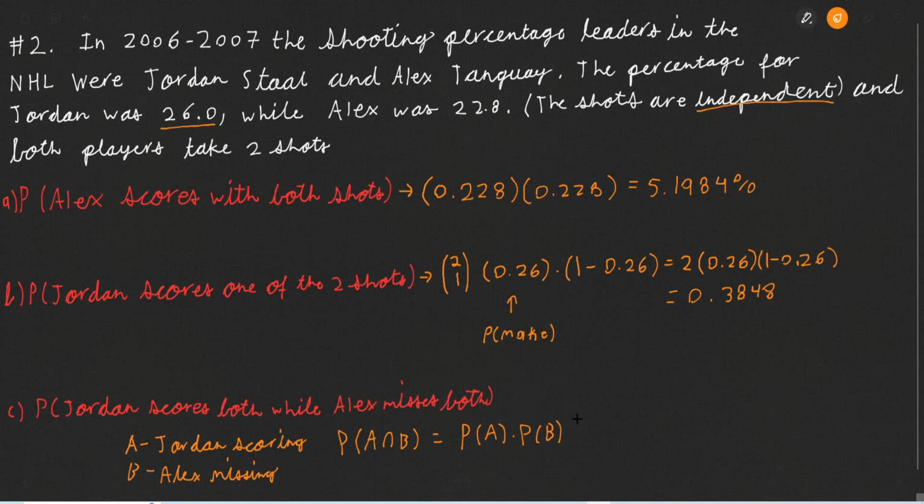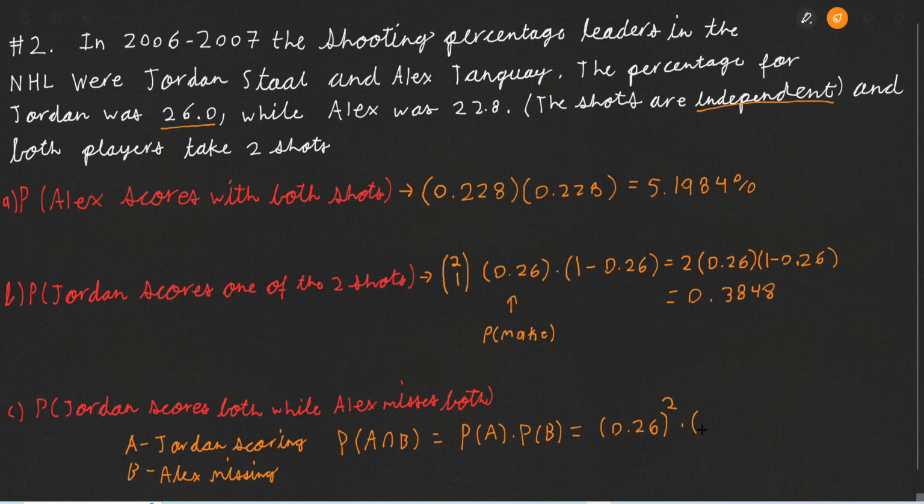Now, we're able to plug in our numbers of Jordan scoring, which will be 0.26. And since he has to score both of the shots, instead of just multiplying it by 0.26 again, we're just going to square it.